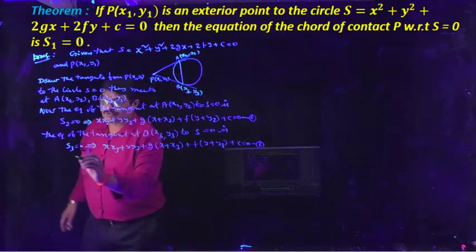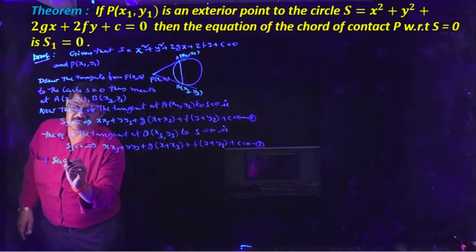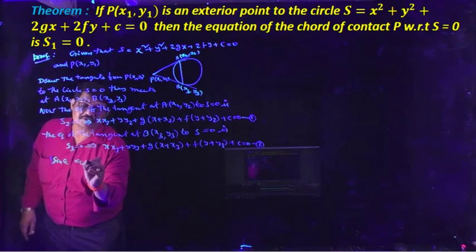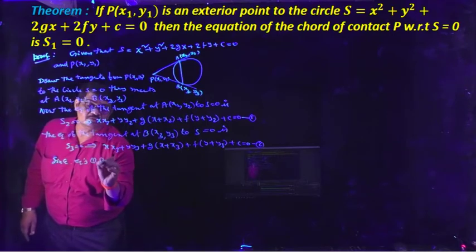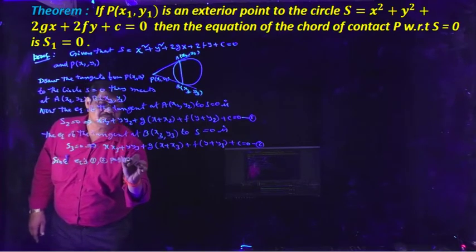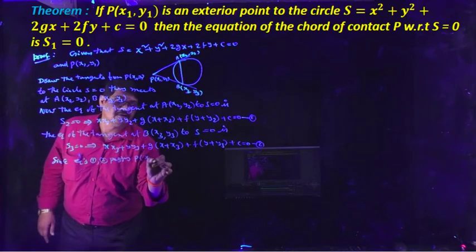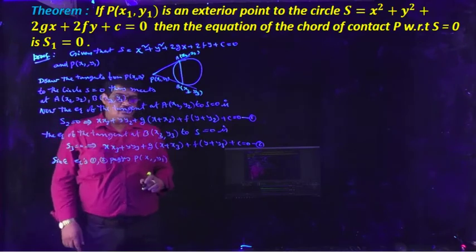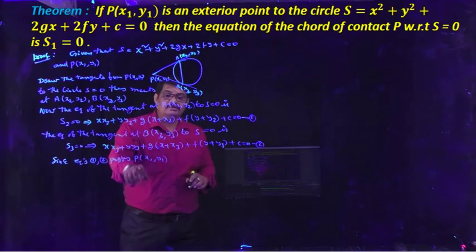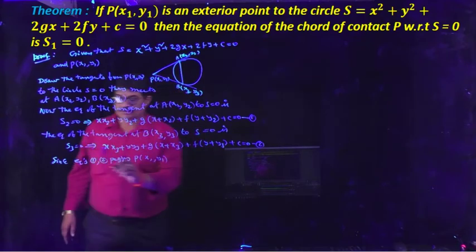Since equations 1 and 2 pass through P(x1, y1), now we have to substitute this point in these two equations.